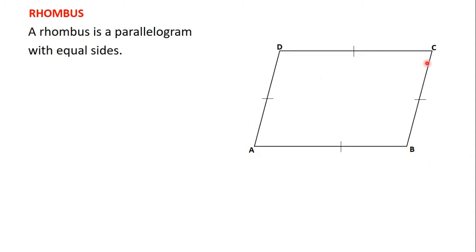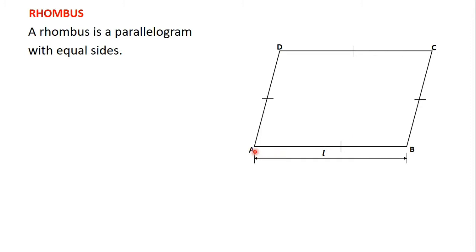Just as we learnt in squares that all the sides are equal, for a rhombus also, all the sides are equal. So a rhombus is a parallelogram with equal sides.